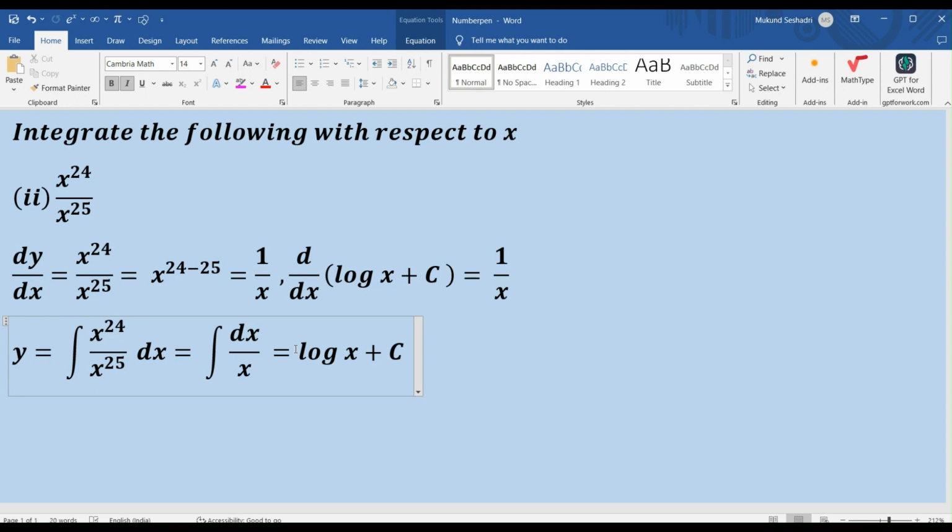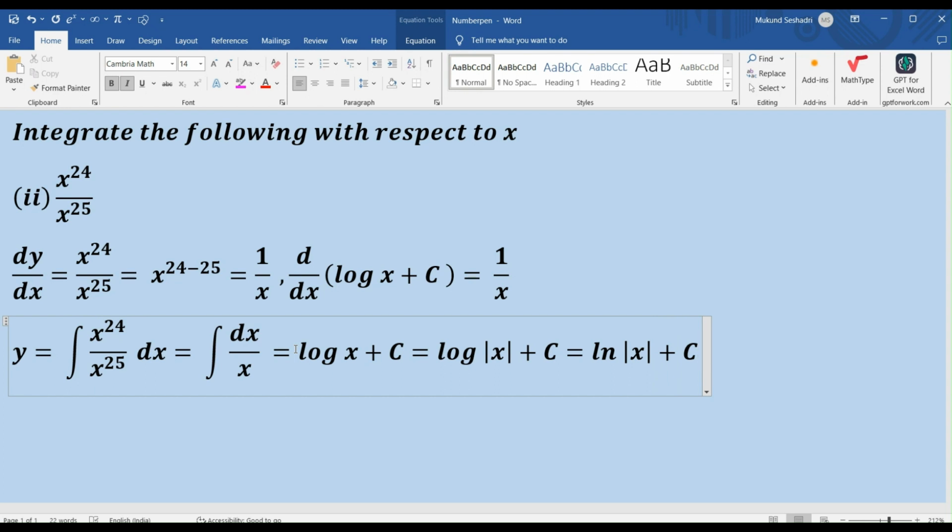So the way to represent this final answer is log of mod of x plus c. And since log is the natural logarithm here, we can write it as ln of mod of x plus c. So that's the final answer to this particular problem.